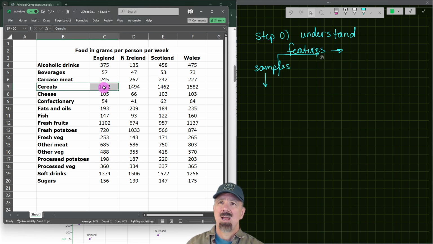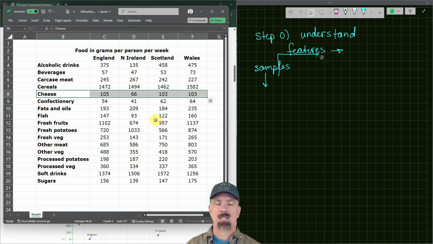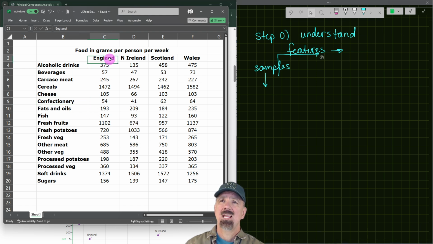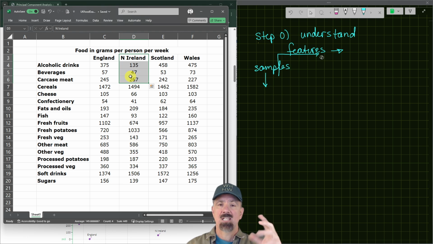So every one of these rows, if they're observations, needs to be collecting data on the same thing. So are cheese and confectionery 2 versions of the same type of observation? Or are England and Northern Ireland 2 versions of the same types of observations?